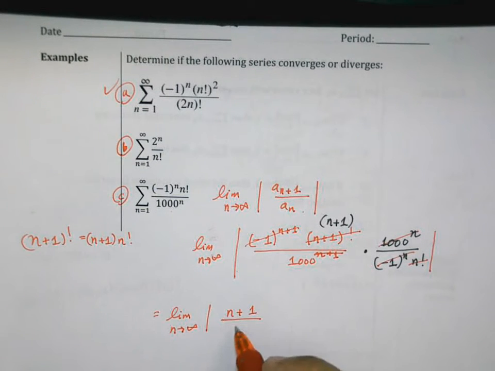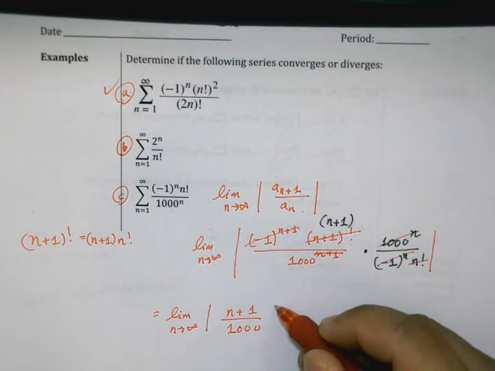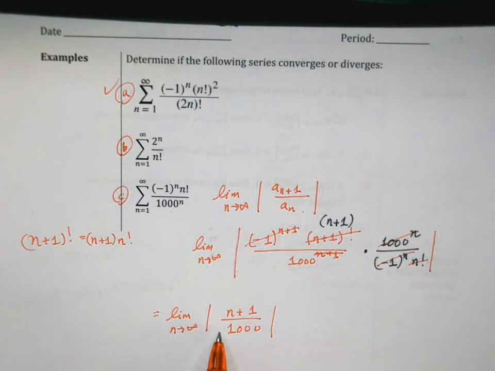So as n gets larger and larger, this term right here will approach infinity. Even if it doesn't approach infinity, even if it approaches a number bigger than 1, we know that the series will diverge. So the series will diverge, and we know that by the ratio test.